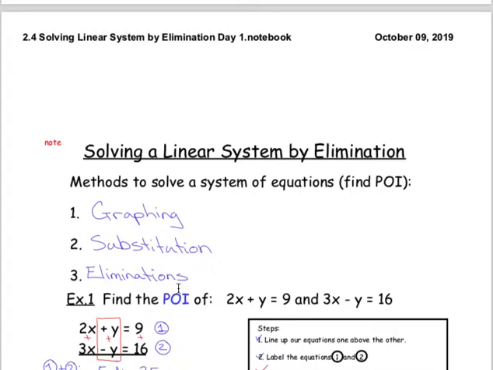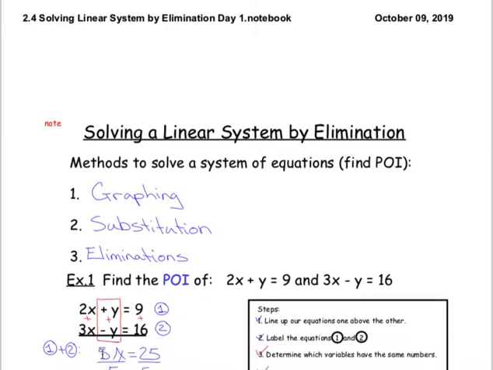Okay? So we stacked them on top of each other, and now we're just going to add them together. 2x plus 3x gives us 5x. Y plus negative y gives us 0.